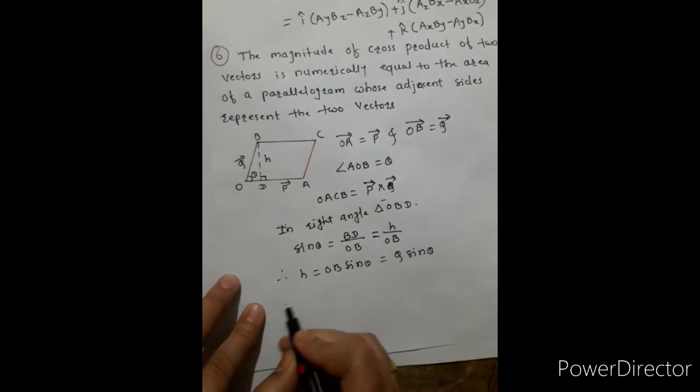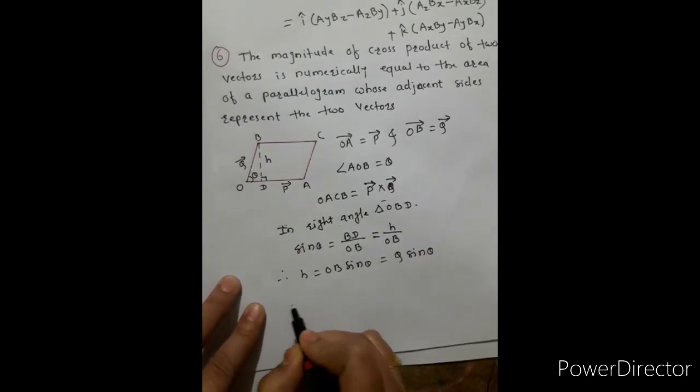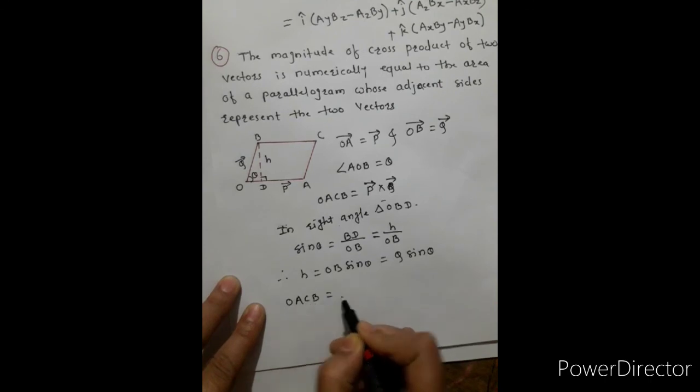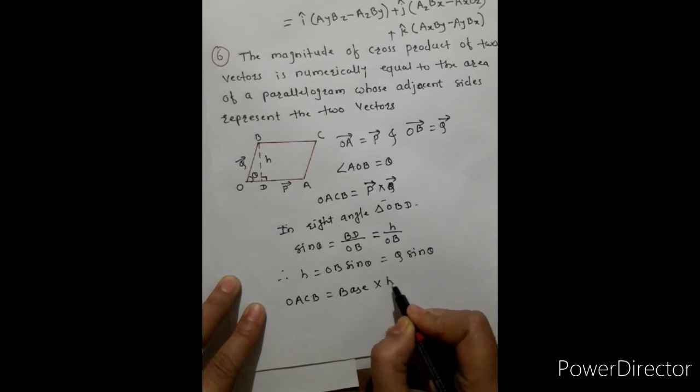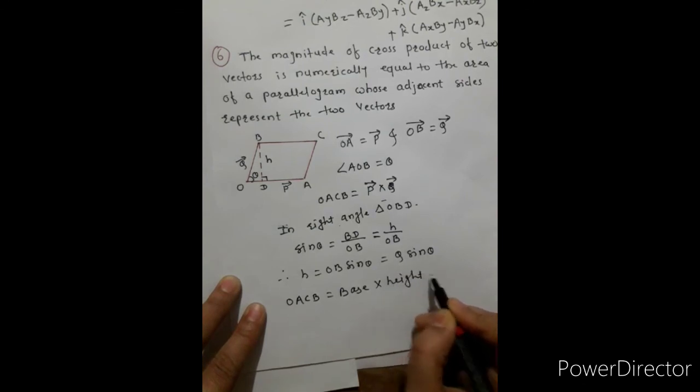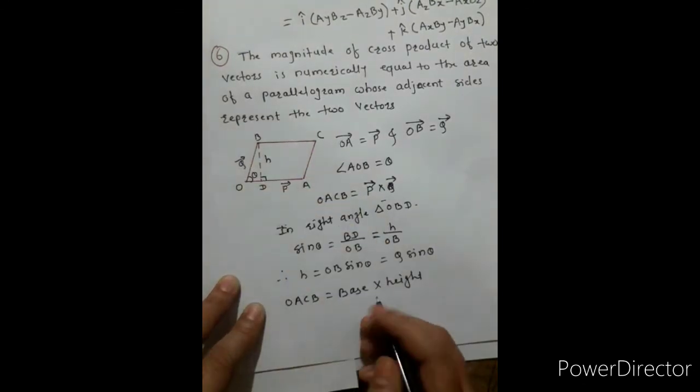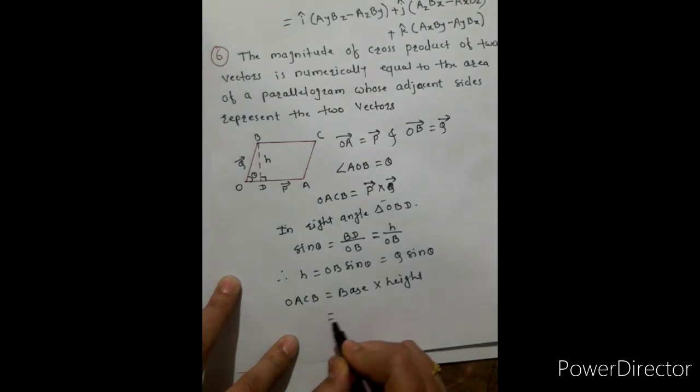Now the area of parallelogram OACB is equal to base into height. What is base?